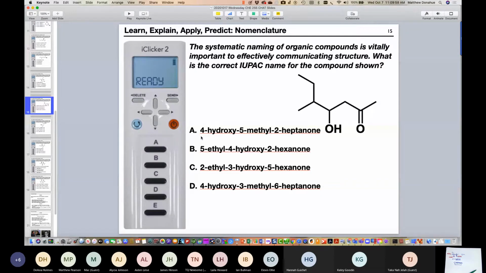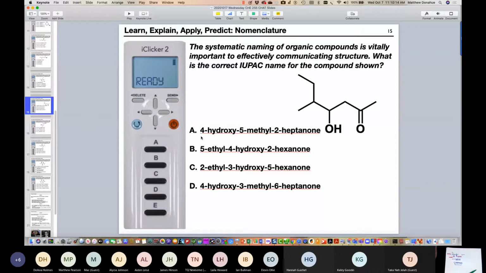So ketone priority has nothing to do with order, but more to do with its effect on heptane. So Tenley's question is asking about the ketone priority.